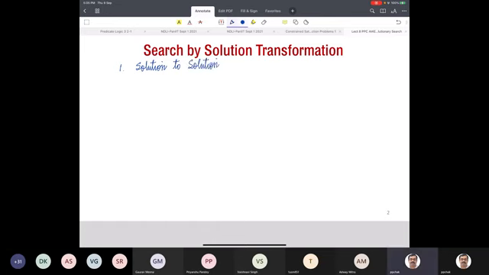While in our state space approach we started from nothing and slowly built up the solution, here we start with a solution. Any solution that we can obtain by any mechanism. It may be a valid solution, it may be close to a valid solution. And then we apply transformations to get a new solution from this solution.